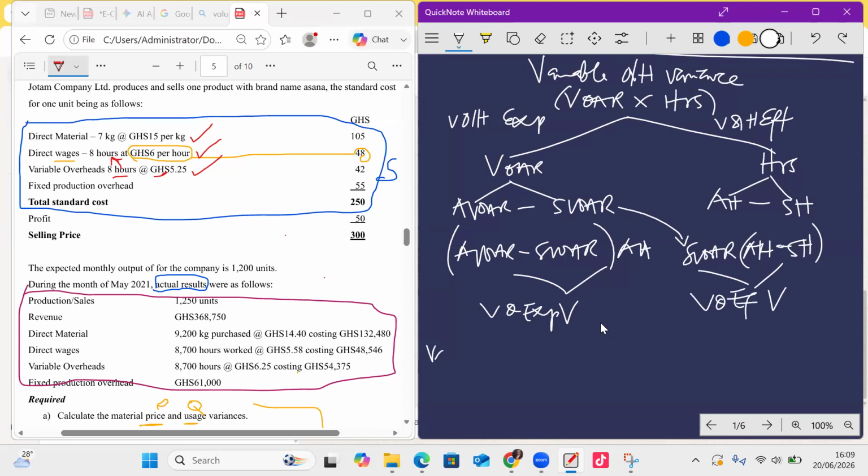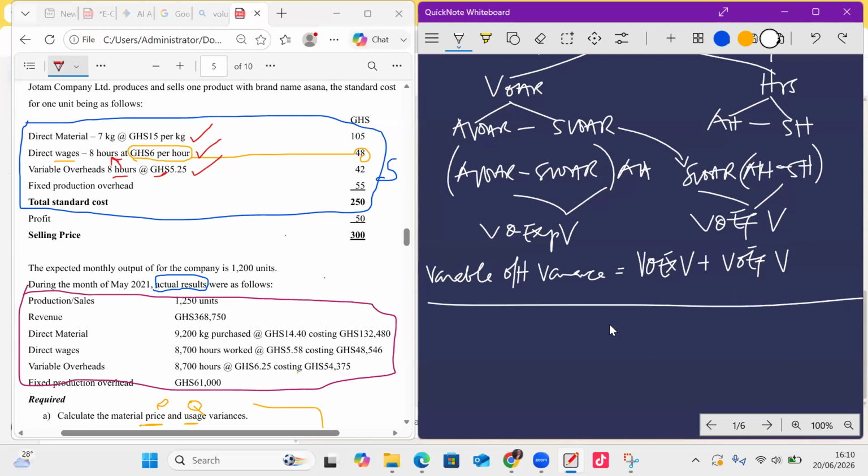So to find the total variable overhead variance, it is the variable overhead expenditure variance plus the variable overhead efficiency variance. Are you good? Yes.